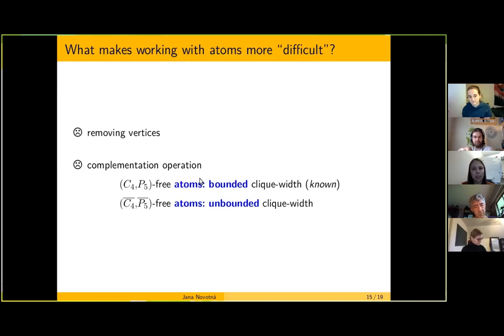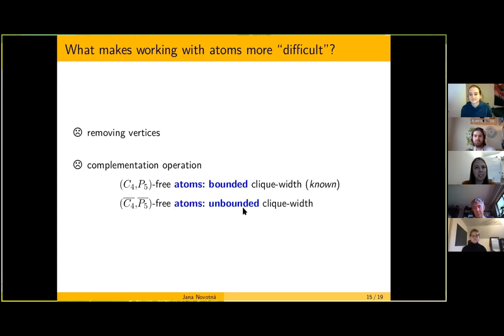So when working with atoms, you need to be more careful with performing these operations. In particular, in contrast to graphs, we showed that there are classes whose atoms have bounded Clique-width, for example this graph class, which follows from the known result. But we showed that there is a class of unbounded Clique-width such that if we take its complement, it is bounded.